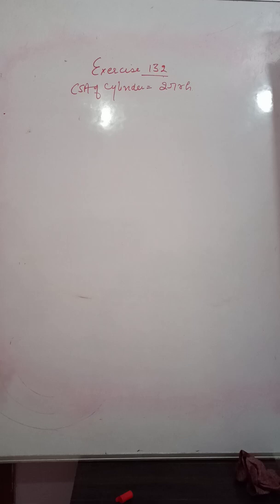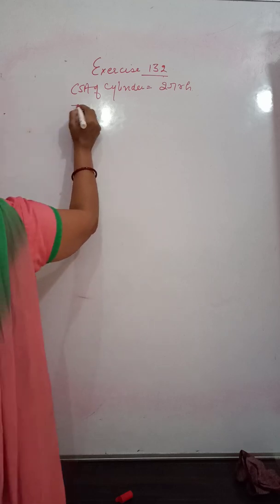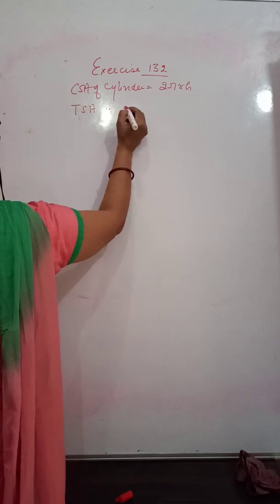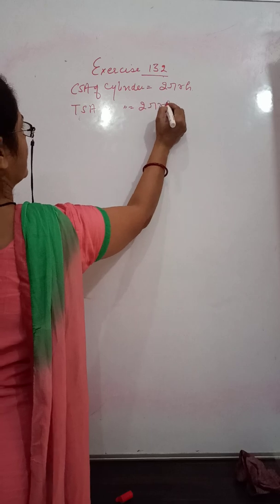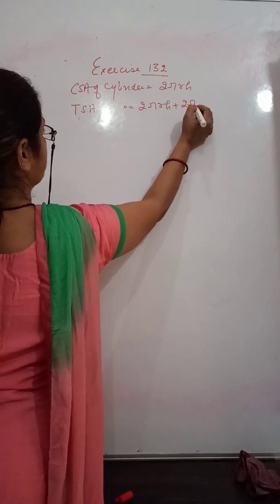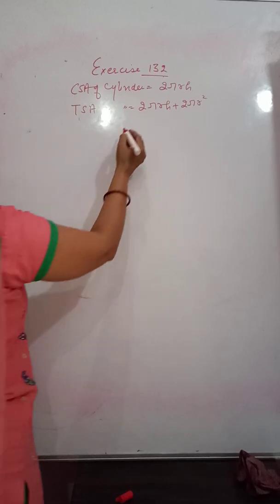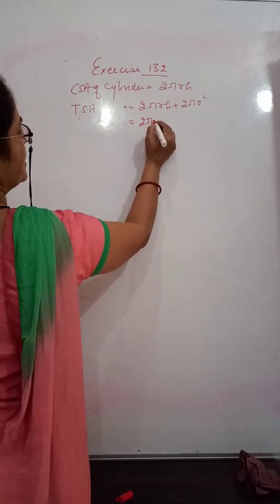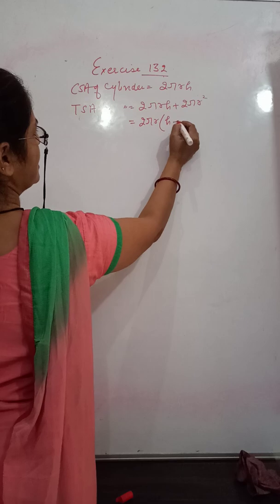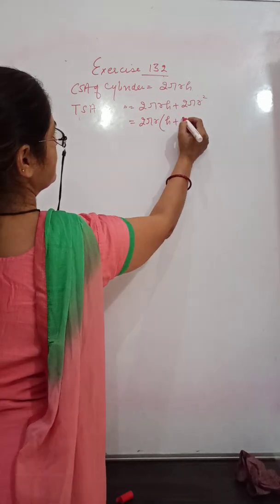And the total surface area of the cylinder is 2 pi r h plus pi r square of the top, pi r square of the bottom. It will be 2 pi r square. You can say 2 pi r common, and in the bracket left will be h plus r, right?